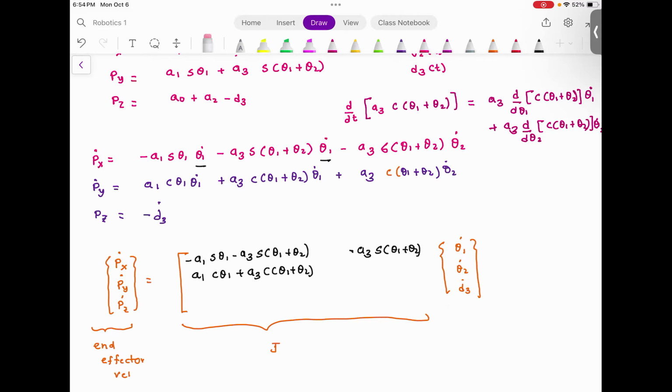I need to give it a little bit more space, because here there is 0. Theta 1 dot, theta 2 dot, and D3 dot. And here I'm going to write minus A3 sine of theta 1 plus theta 2, A3 cosine of theta 1 plus theta 2, 0, 0, 0, and minus 1.